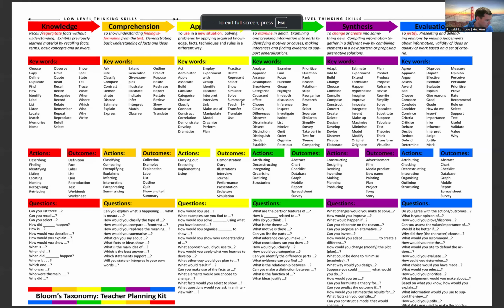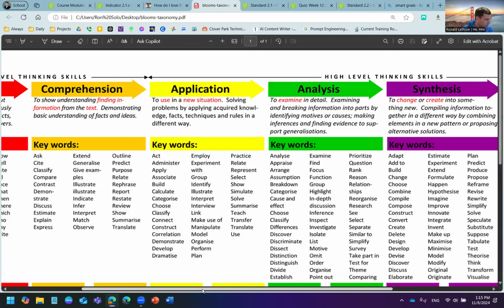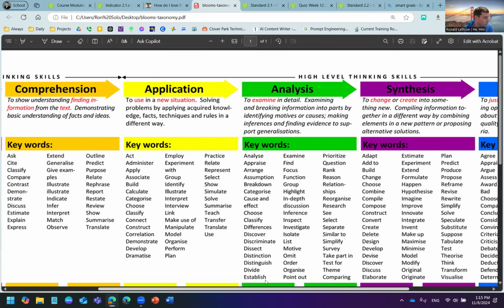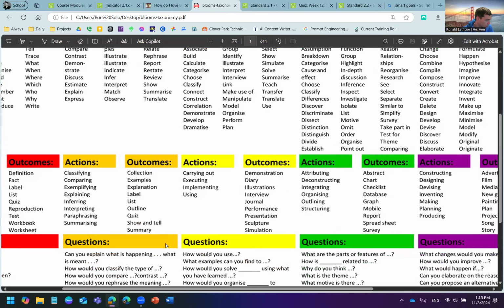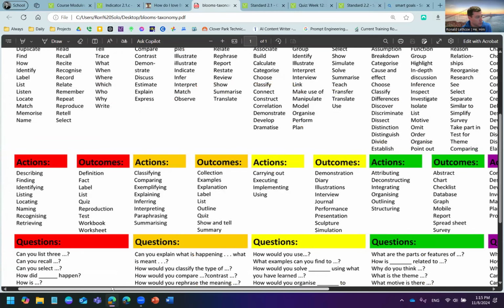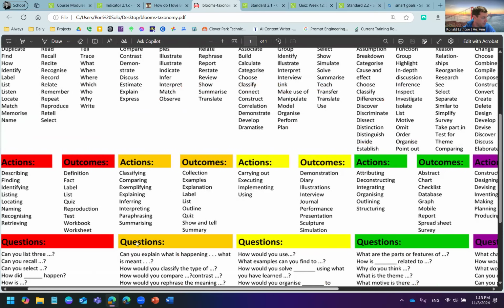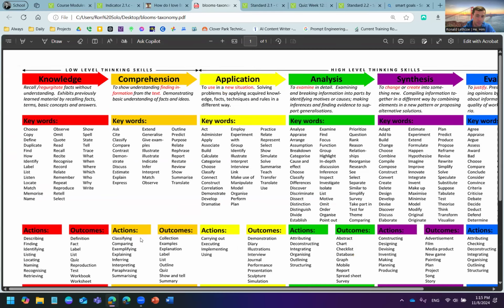Oh yeah, so we were looking at the keywords here and making sure that when we're creating our outcomes that we're using these. And so for this week, looking at our objectives and making sure that they are including these as well.